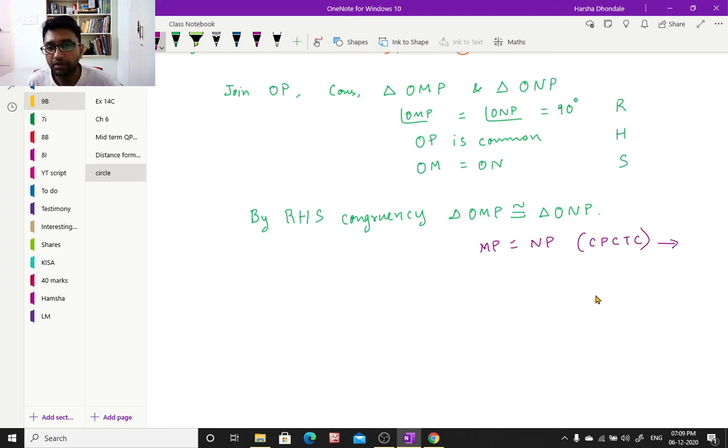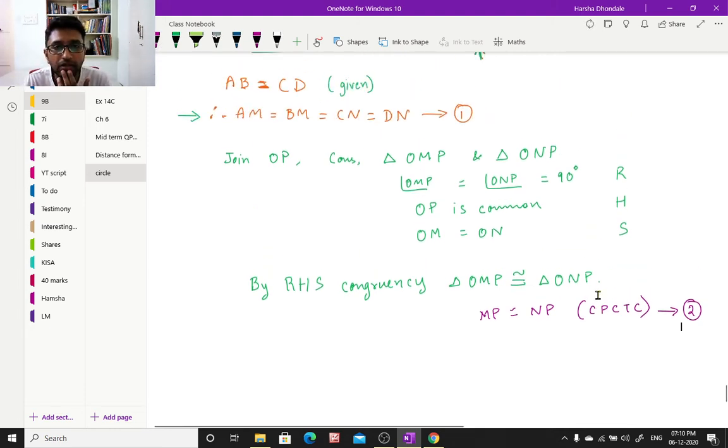Instead of equation 2, I will collect AM is equal to CN as equation 1, then BM is equal to DN as equation 2, and MP is equal to NP as equation 3.